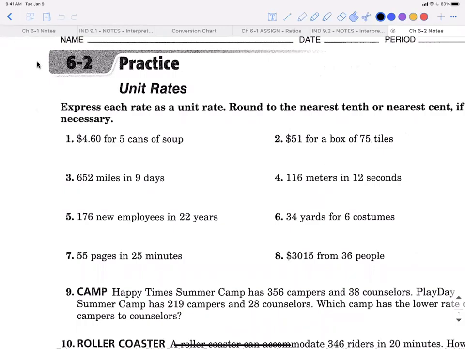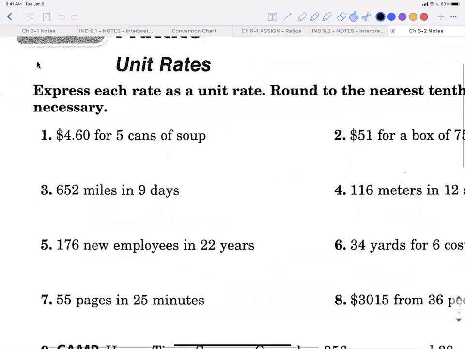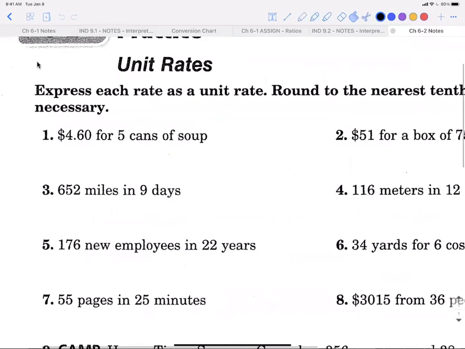All right, so if we look at example number 1, we've got $4.60 for 5 cans of soup. So we want to know the unit rate. What that means is for every 1 can of soup, we want to know how much it costs.